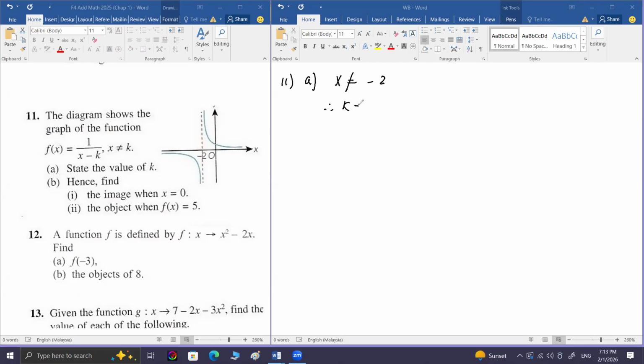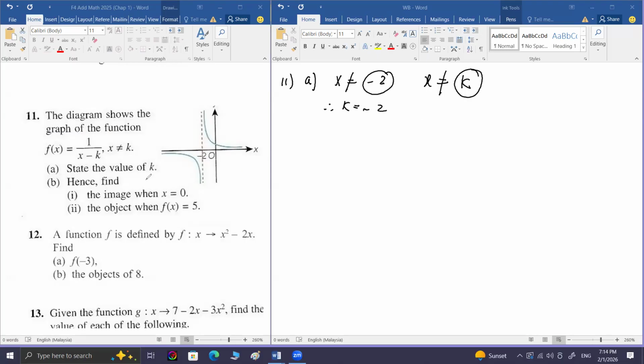Therefore k is negative 2. x cannot be k, so k is negative 2. You say k is negative 2, not k not negative 2. Can you get what I mean? Remember the vertical line that we tested just now.